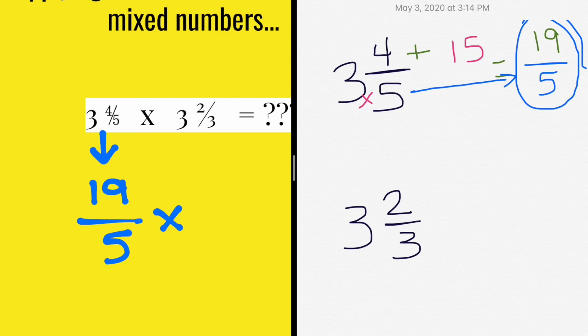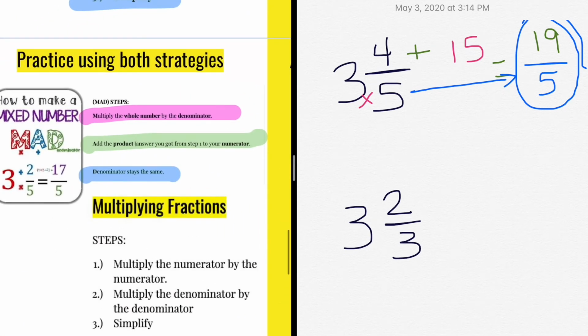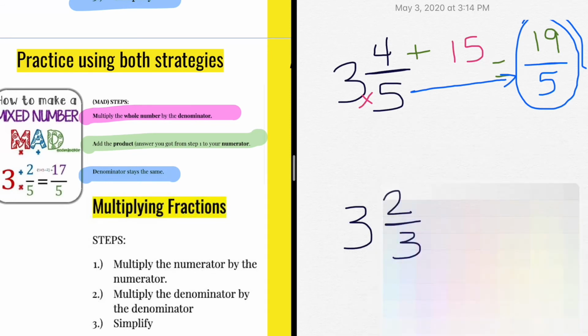And now I need to do 3 and 2/3. Okay, what do I do first? That's right, multiply 3 times my 3, which gives me 9.